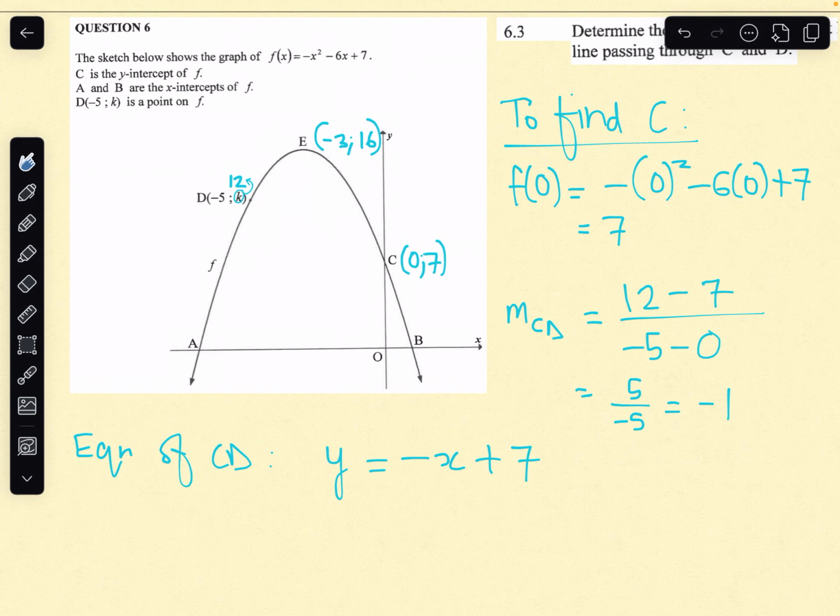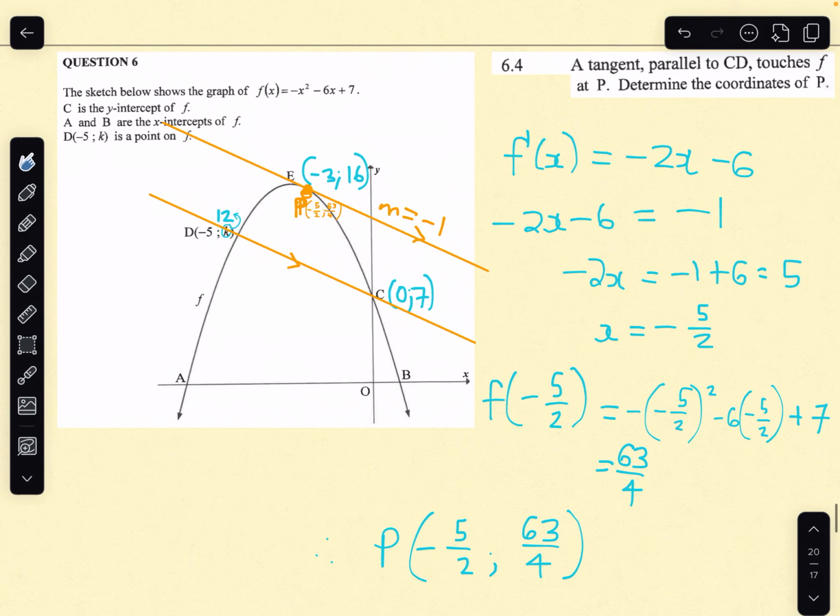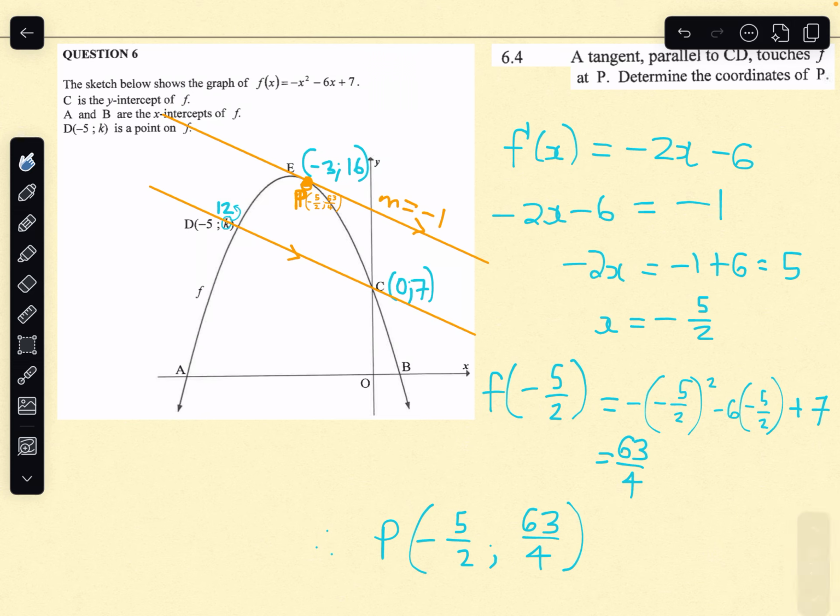6.3, so we get the y-intercept, which is 0, 7, and then we find the gradient of CD using the gradient formula, and then we have our answer of y is equal to minus x plus 7. Fantastic. 6.4, yes, we use our calculus to equate the gradient function to minus 1. We find that x is indeed equal to minus 5 over 2.